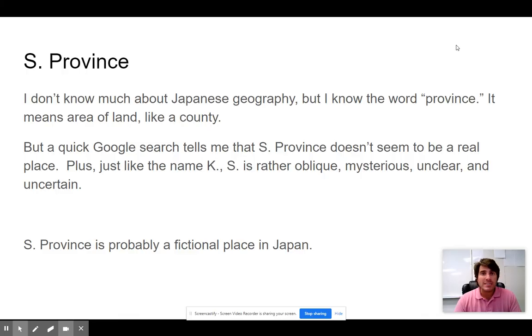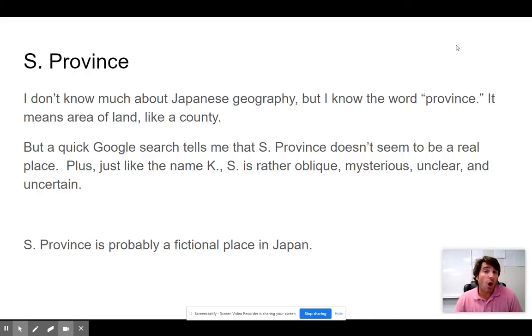S province does not seem to exist. Again, not an expert. If I am wrong, please correct me. But anyway, it's just S province. I think that adds the idea of it being a fictional story. So much of it feels real. The seventh man feels real. His experiences all seem like they could really occur.